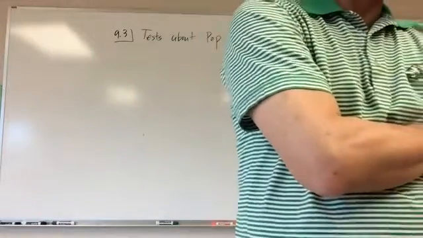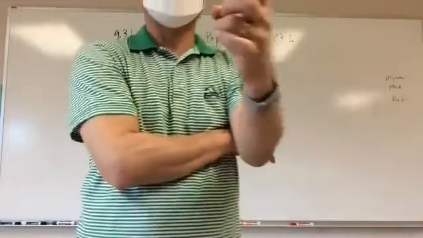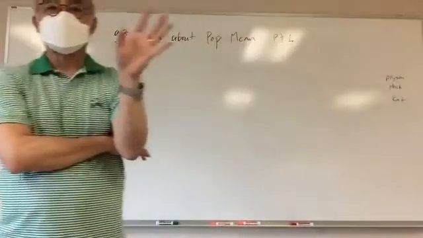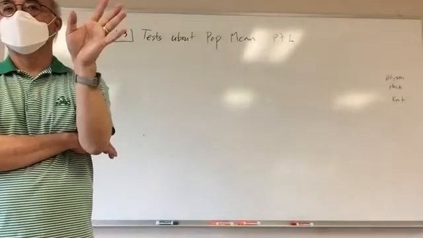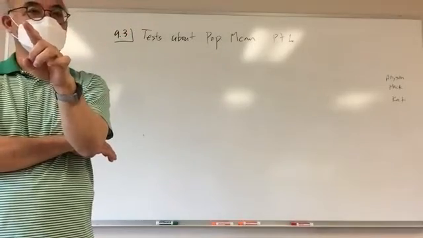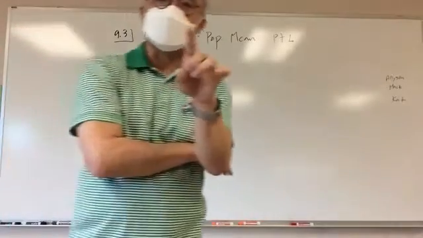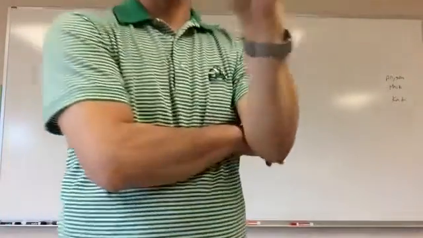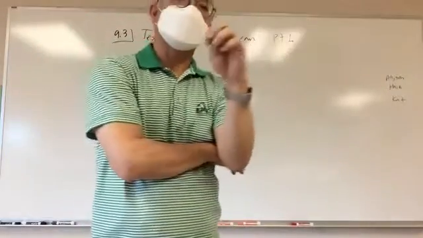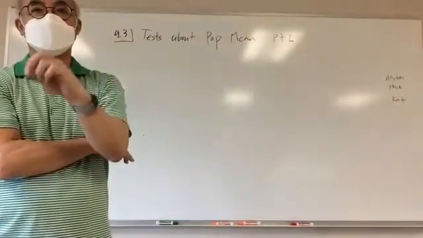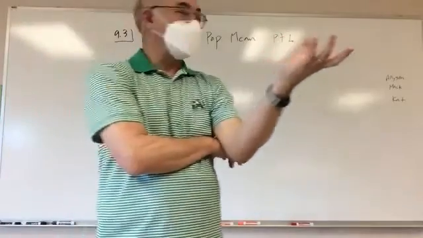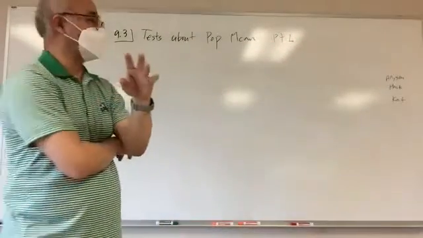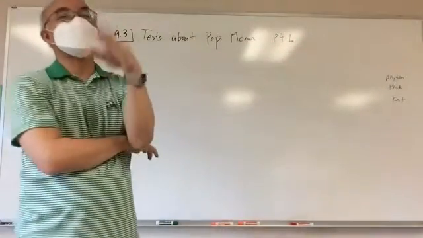Greater than 30, and if you're greater than 30, we accept it. What allows us to do that? The central limit theorem. The central limit theorem says if your n is greater than 30, your sampling distribution is going to be normal. So if n is greater than 30, we're fine.